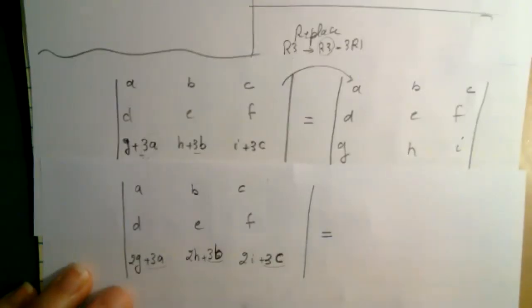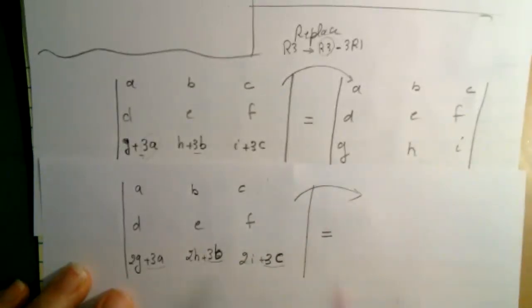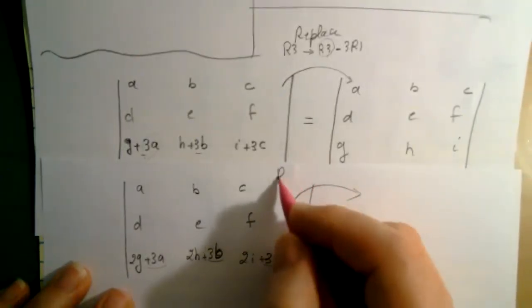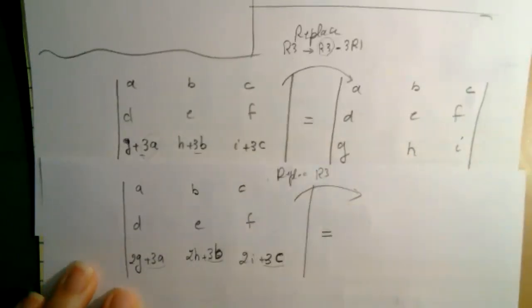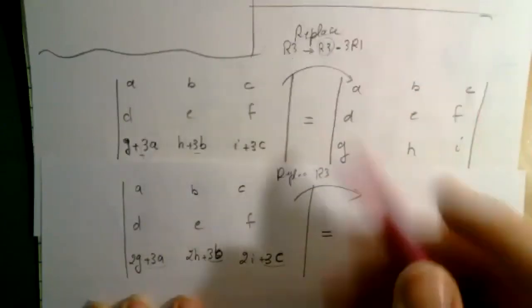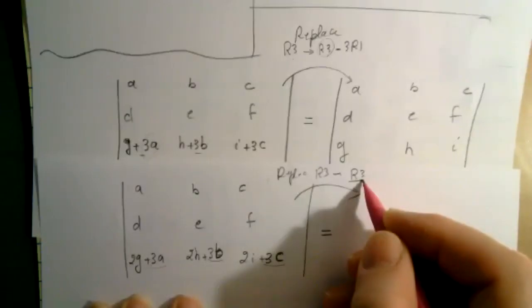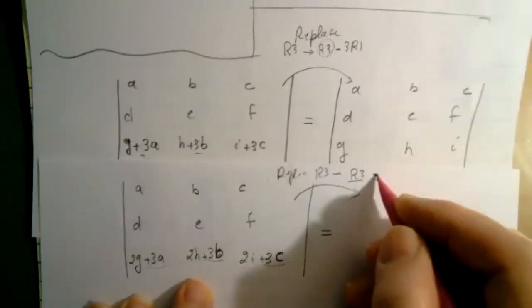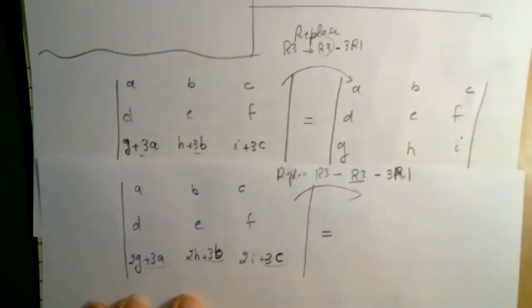I can do that because I'm going to perform first this following operation. I'm going to replace R3 by the sum of itself plus a constant multiple of the first row.